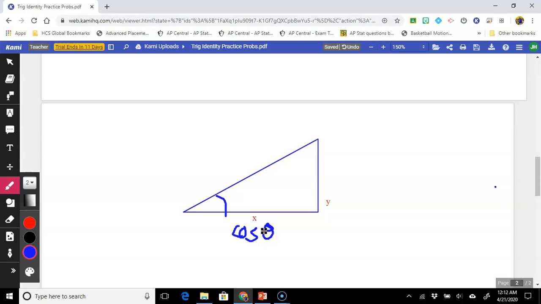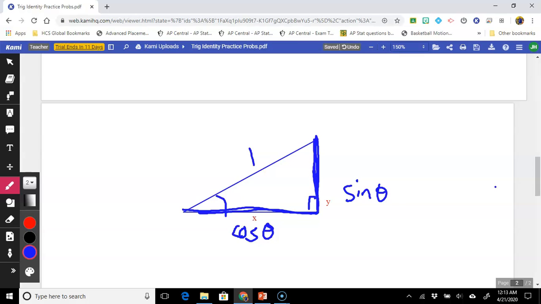So our x is always equal to our cosine, and the y was always equal to our sine. Now, we learned that, and we were dealing in the unit circle, and the hypotenuse was always equal to 1. So we have this kind of setup going on here. X was our cosine value, and our y value was sine.